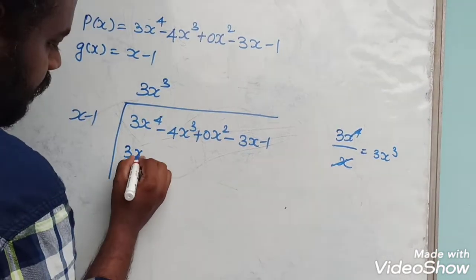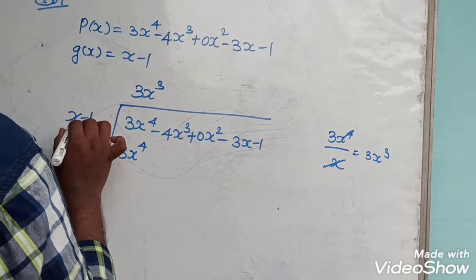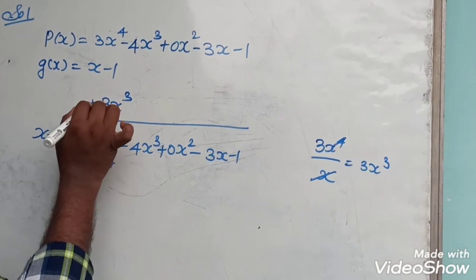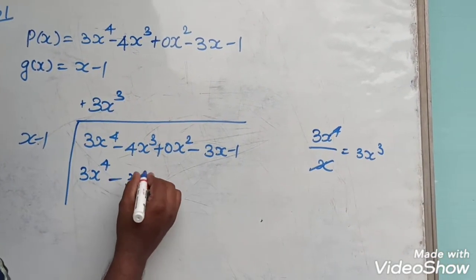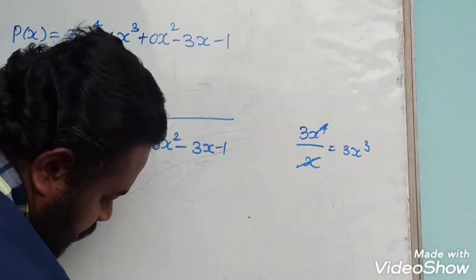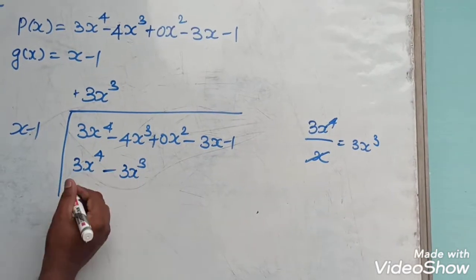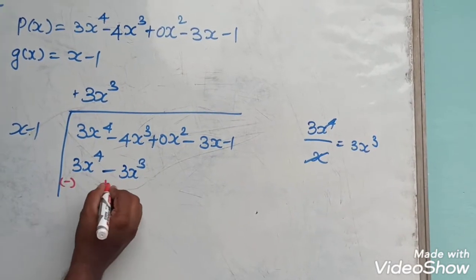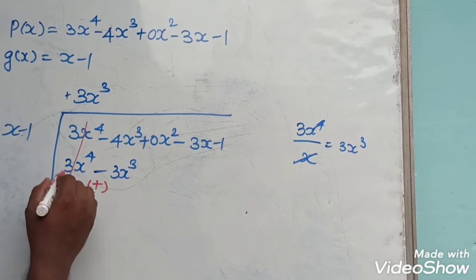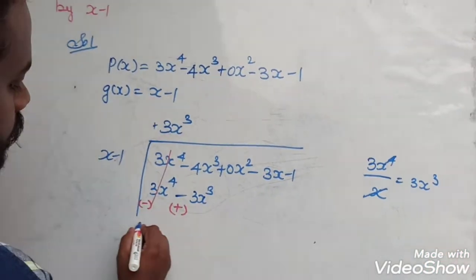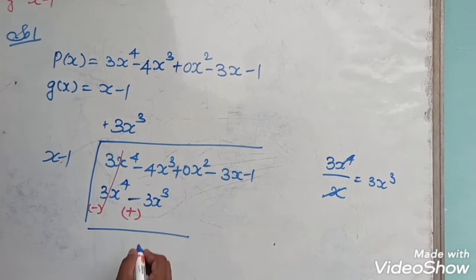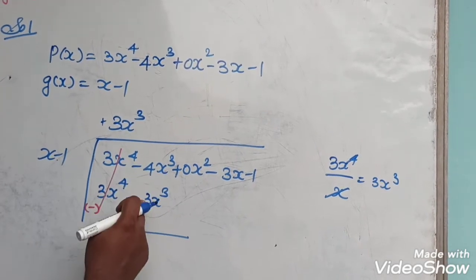So 3x power 4, minus 1 into plus 3 minus, plus into minus, minus. So 3x cube. And in the second condition we have to change the symbol: plus 1 becomes minus, minus becomes plus. So the same terms will cancel. So plus 3 minus 4, 4 is bigger, so the answer is minus 4 minus 3, 1.